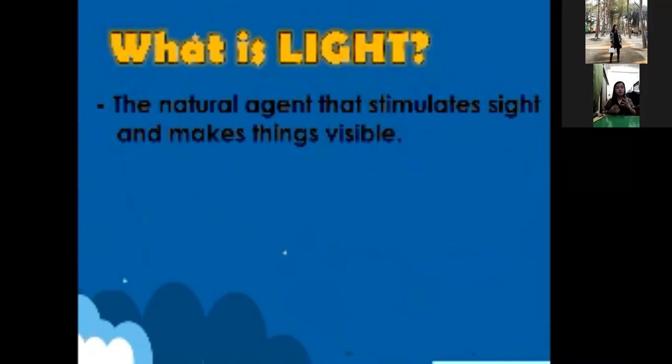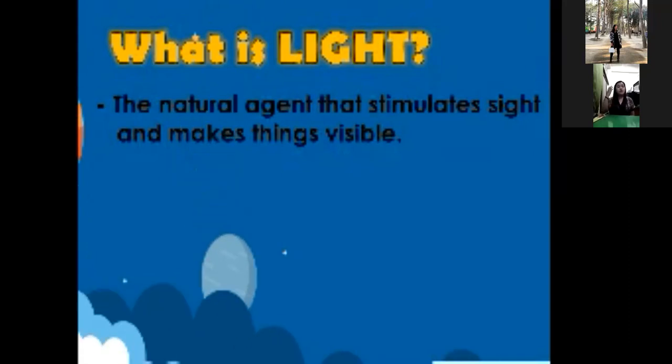It is not done by another person; in simpler understanding, it is a normal thing that stimulates sight and makes things visible. So what is the normal process of light? It stimulates, it gives us sight, it gives us a chance to see things more clearly and visibly. That is the meaning of light.